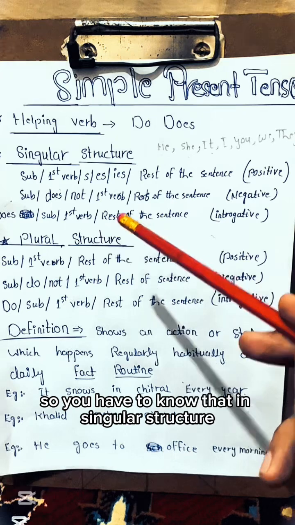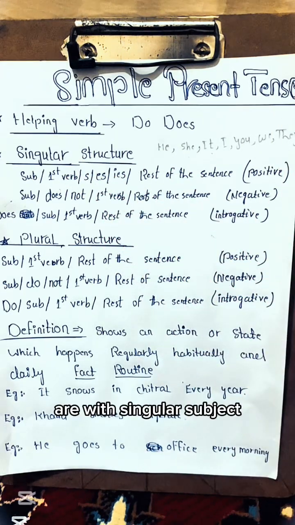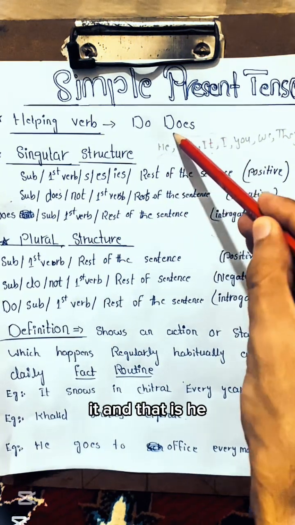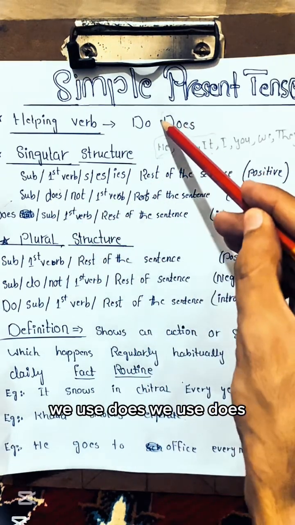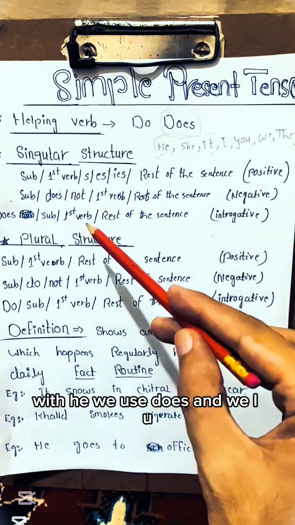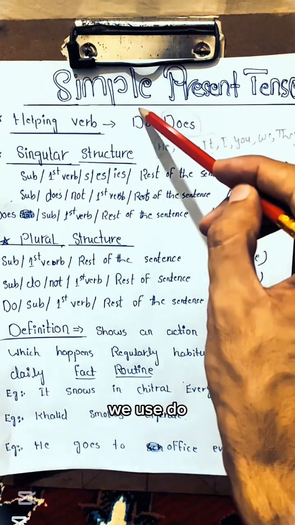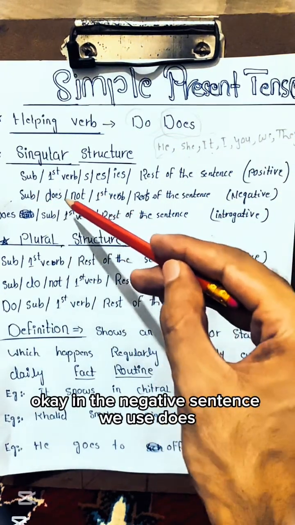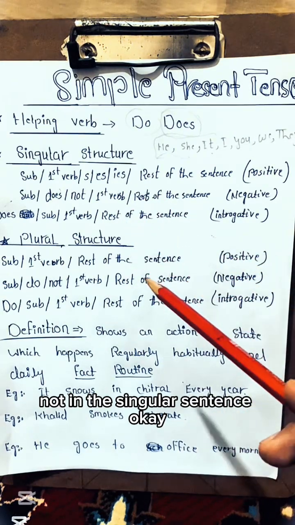You have to know that in the singular structure, with the singular subjects he, she, it, we use does. With I, you, we, they we use do. In the negative sentence we use does not in the singular sentence.